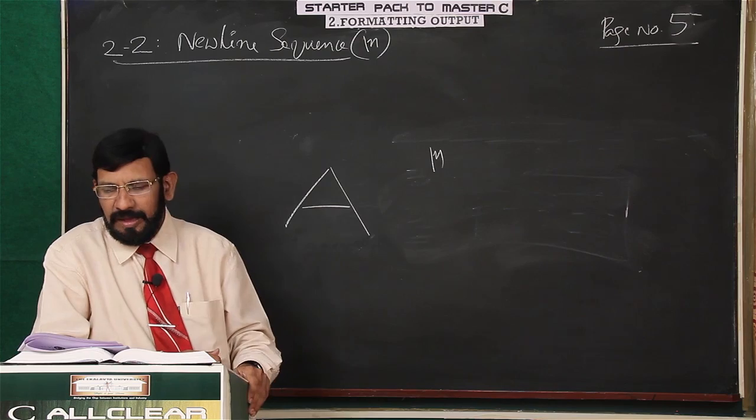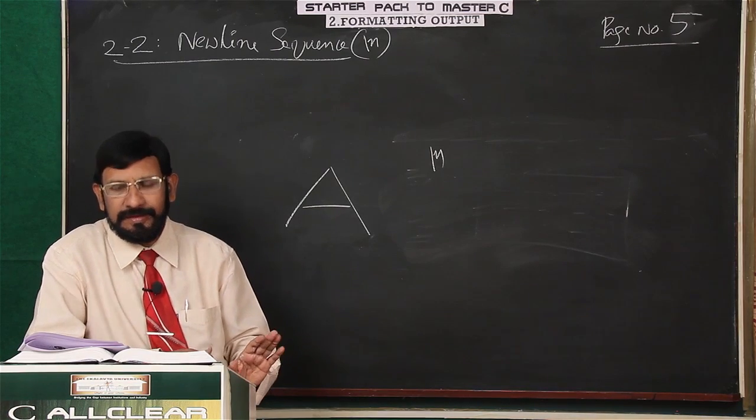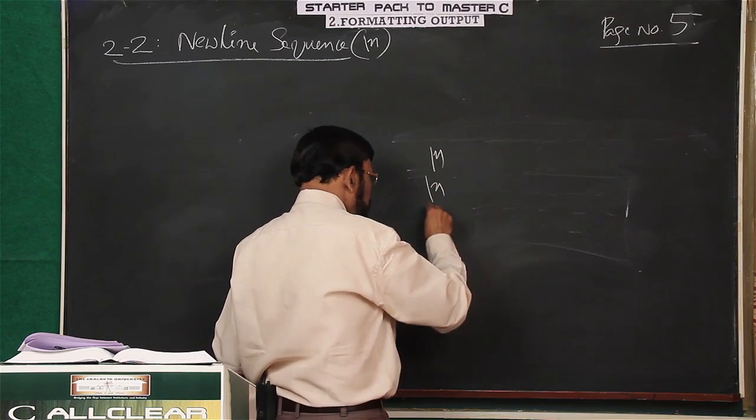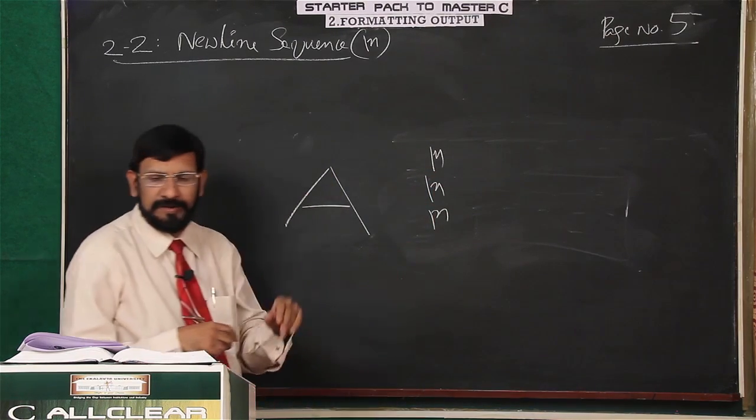How is it created? This is created only because I have inserted newlines at the end of every printf statement.